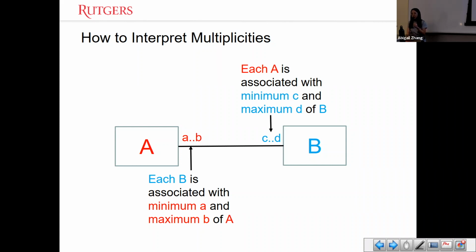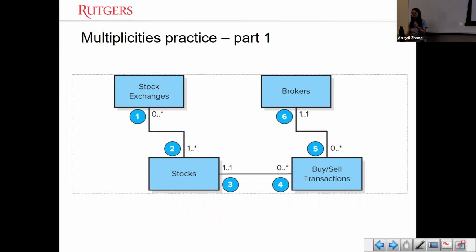I know that last time we practiced interpretation using this stock exchange example, but let's go through this one more time so that we can pick up this knowledge. Number one, each stock is associated with 0 or more stock exchanges. That's correct. Number two, each stock exchange has 1 or more stocks. That's correct. Number three, each transaction is associated with only 1 stock.